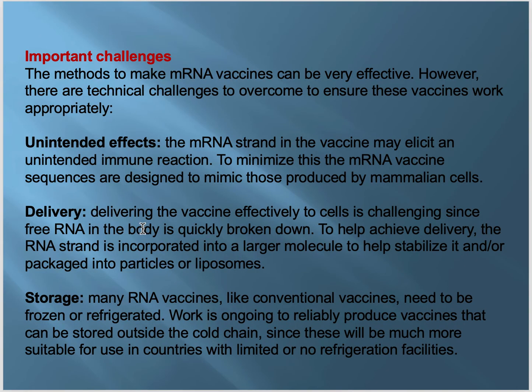Then delivery. Delivering the vaccine effectively to cells is challenging since free RNA in the body is quickly broken down. RNA is not like DNA. DNA is very stable, but RNA gets readily broken down, readily lysed. So it's tricky to deal with RNA. To help achieve delivery, the RNA strand is incorporated into a larger molecule to help stabilize it, or packed into particles or liposomes.